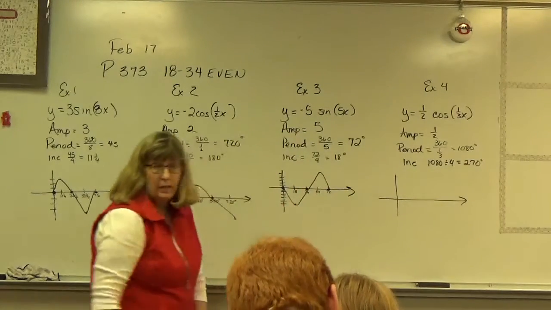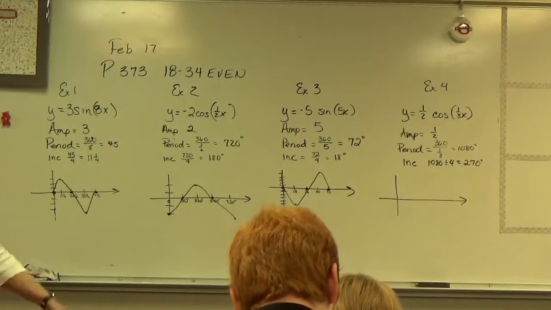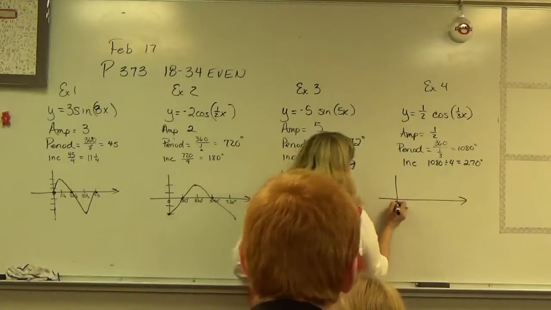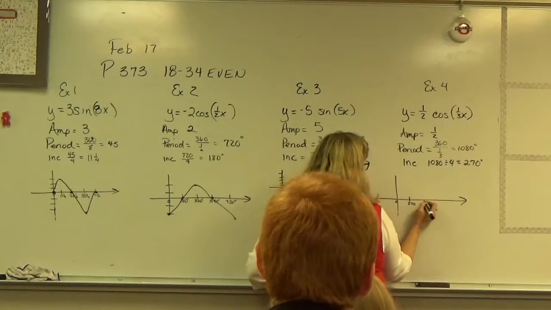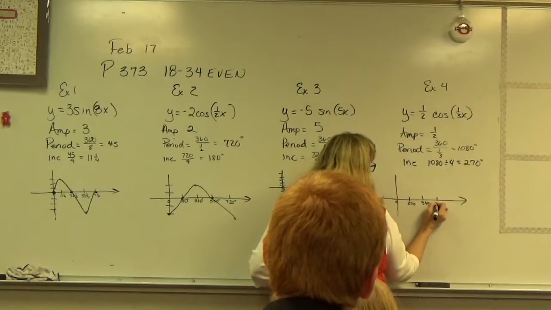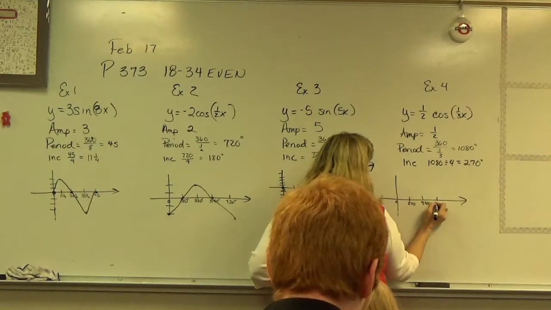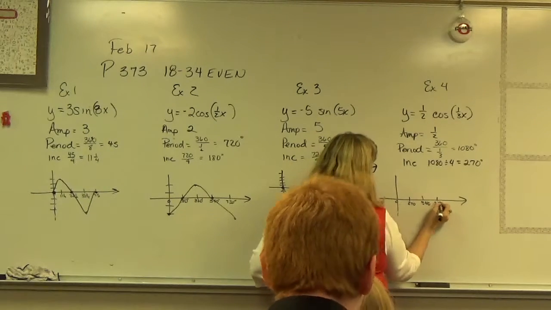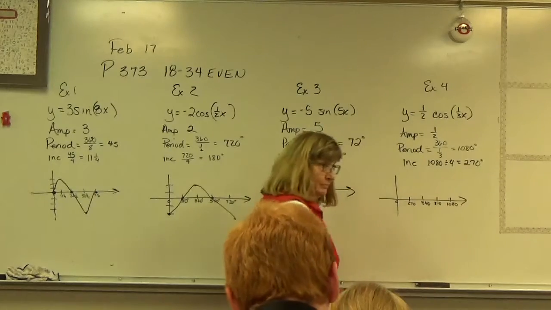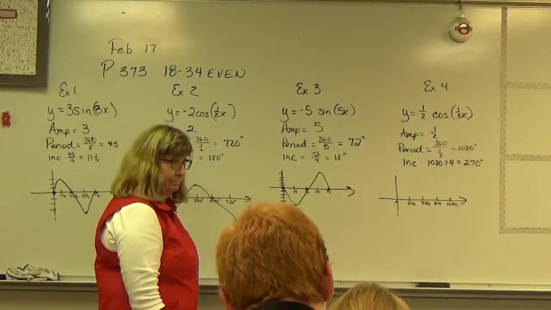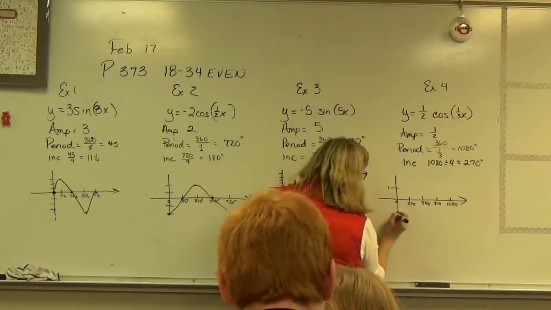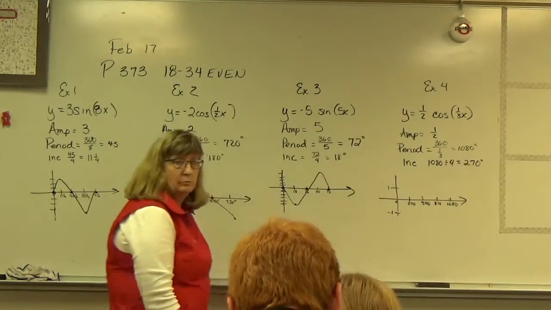So we're going to start at 0, and this is Richard, and add 270, so what will I have? 270 at the first, 540 at the next, and then you would end at 1080. I hope I ended at 1080, right? Because that's what we want to end at, right? Yes. Okay, now, amplitude is 1/2, so I've got 1/2 and -1/2 here.